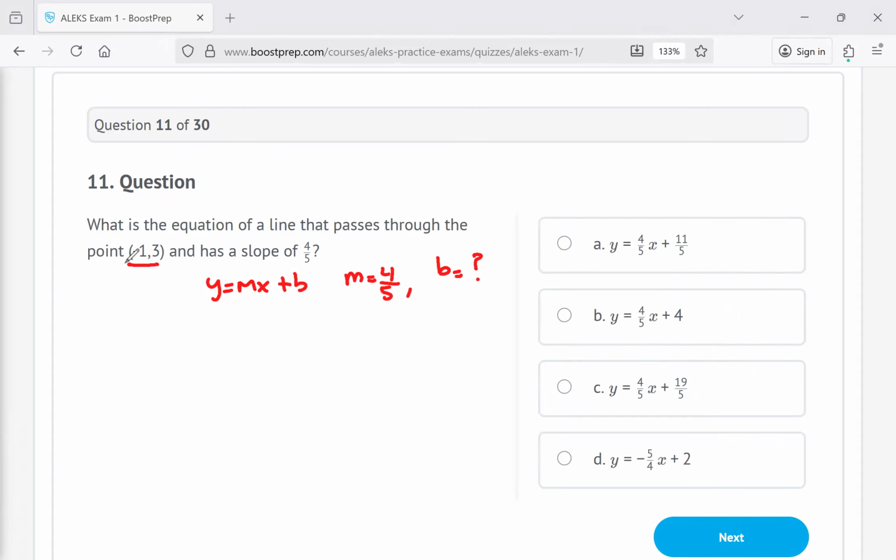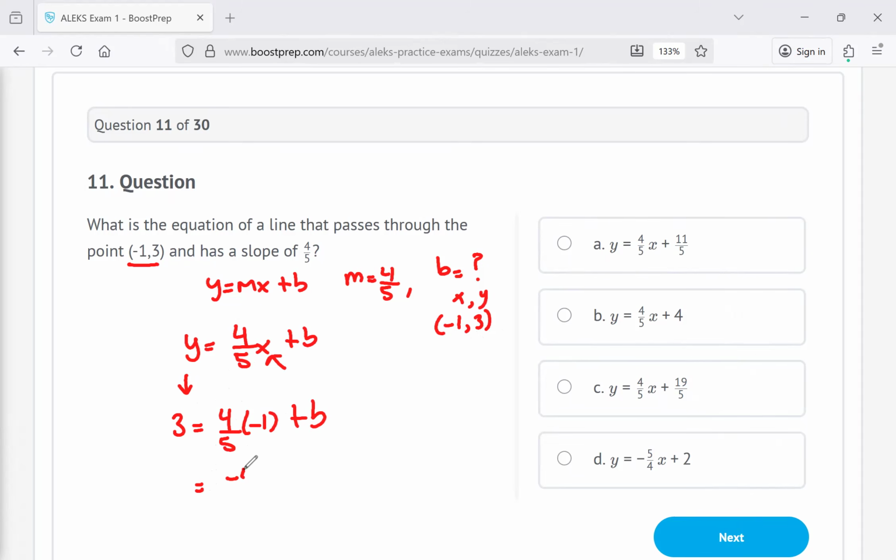Instead, they give us a coordinate of -1, 3, right? Let me rewrite it. My m is 4/5. What I'm going to do is plug in this point, x and y, to find b. I'm going to replace y with 3, and x with -1. 4/5 times -1 is -4/5.